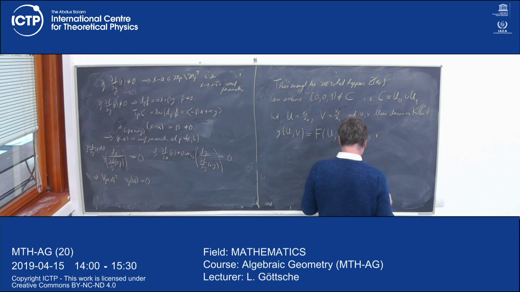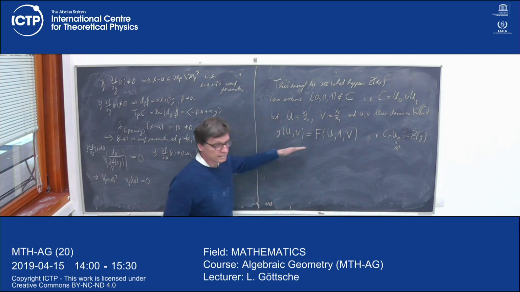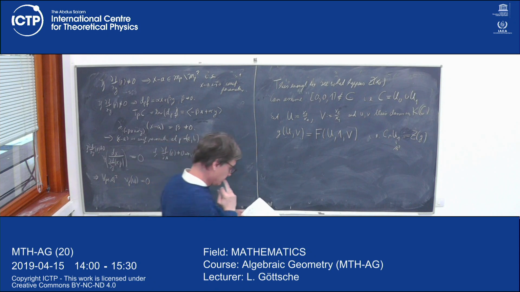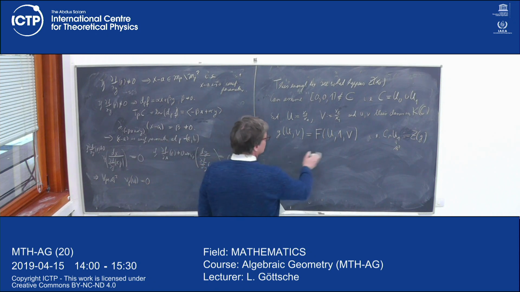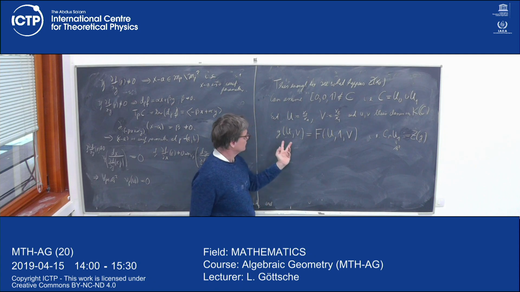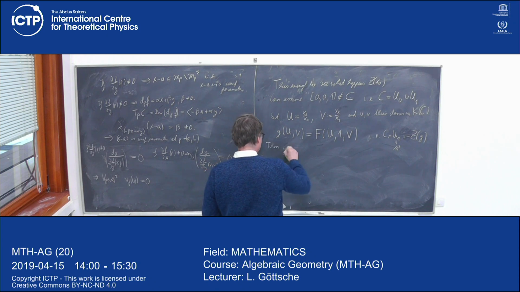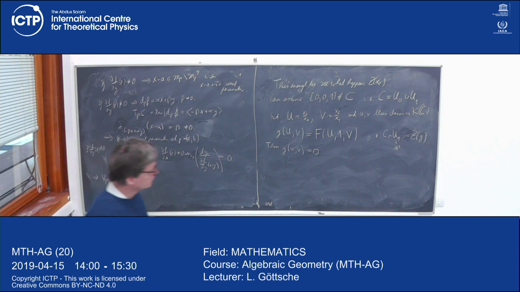In particular, if I take C intersected with U1 and identify this with A2 in the usual way, then this will be equal to the zero set of G. Now we are on the curve C, so if I put small u and small v into this function it will be 0, because on C this polynomial is zero. So g of small u and small v is equal to 0 in K(C).